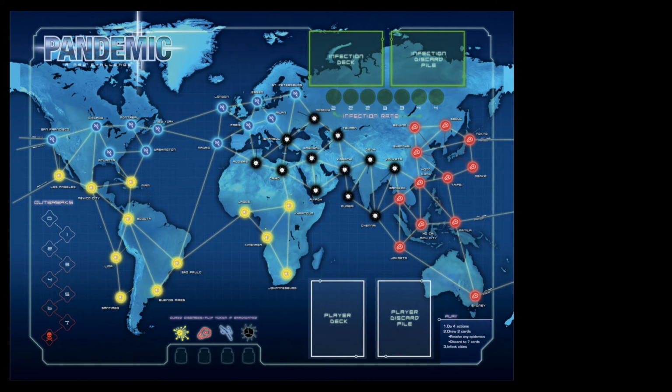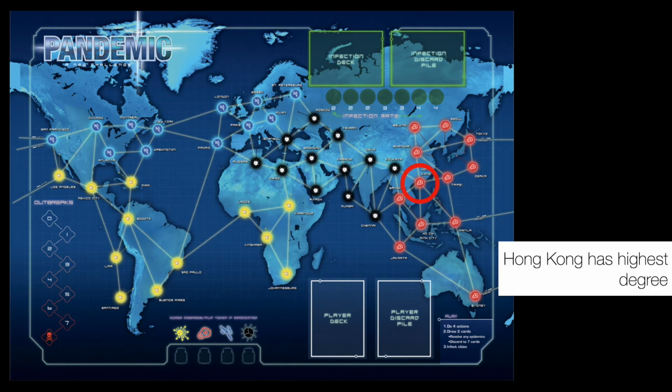So for this example, the city of Hong Kong has a very high degree, meaning that if an outbreak occurs in Hong Kong, it'll spread to many other places, in contrast to an outbreak occurring in, say, Johannesburg in South Africa, it'll only spread to 2 places. So there's some difference there in how important these 2 cities are for the spread of disease.